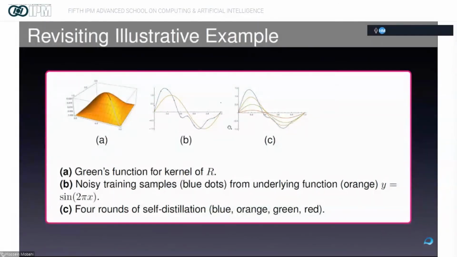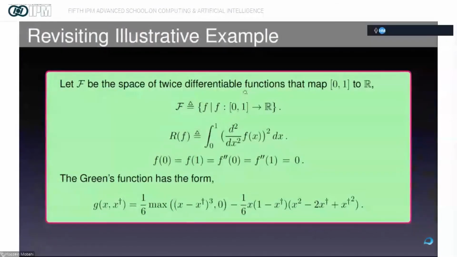I showed early in the talk that the underlying curve is this orange curve, but I only see a noisy subset of samples from it. And if I just fit a curve to this data, I'll get this blue curve, right? Which is far from this orange curve. So here, this is showing how it behaves if I do multiple rounds of this self-distillation. The blue curve is what I obtain from this optimization problem, right?